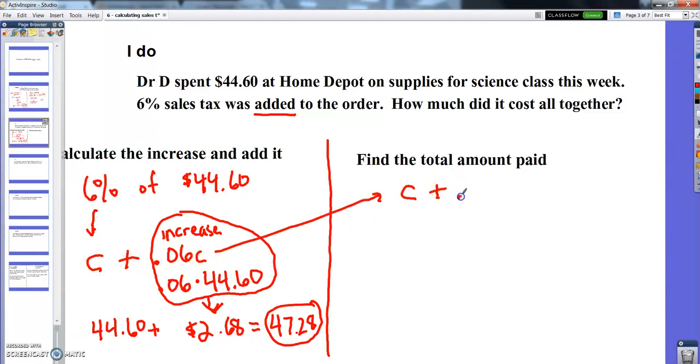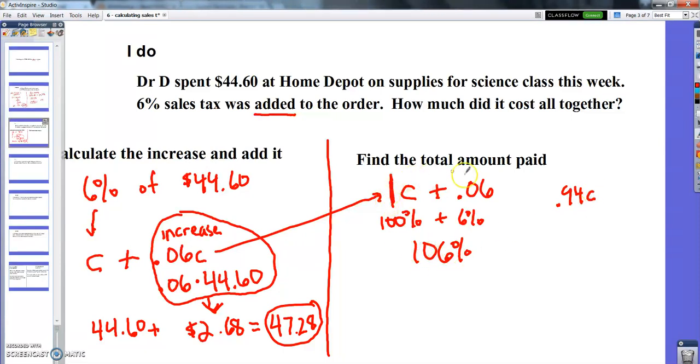And when I add 6% of it, this is like I'm paying the whole cost once. There's one whole price. So this is like 100% of the price, plus 6% of the price, and I end up paying a total of 106% of the cost, which is weird. It's more than the cost because I'm adding to it. So instead of doing something like 94 times the cost, I'm going to have a number more than one whole.